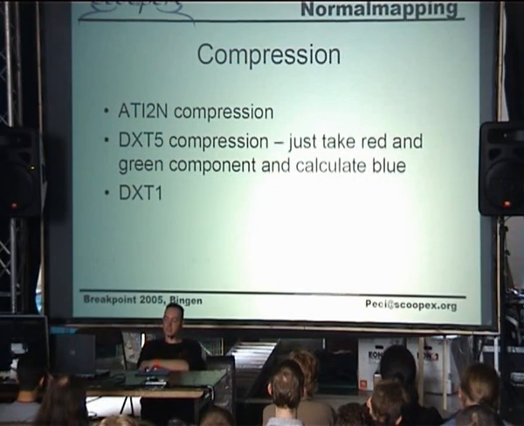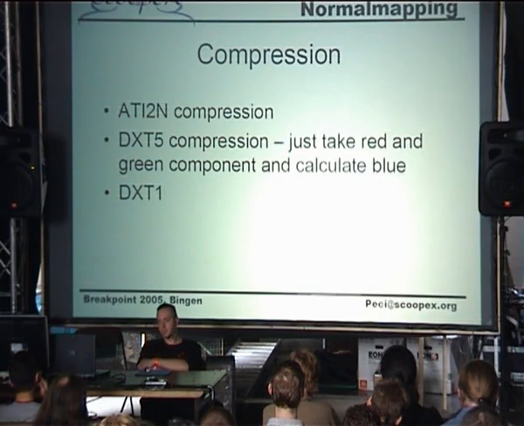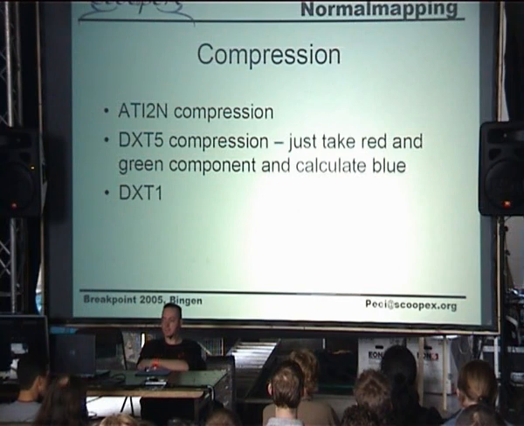So the last thing I want to talk about is compression, because nowadays it is very important to do compression. If you do compression, the texture gets smaller, you have more cache hits, and this really pays off. But as I said, DXT1 compression is not a good idea for normal maps, because of the way DXT1 compression works, you get some artifacts, but you don't really see them in color maps, or they are not that big.